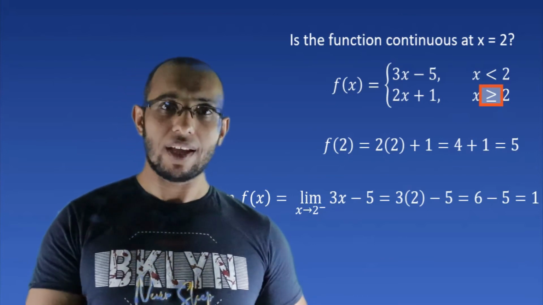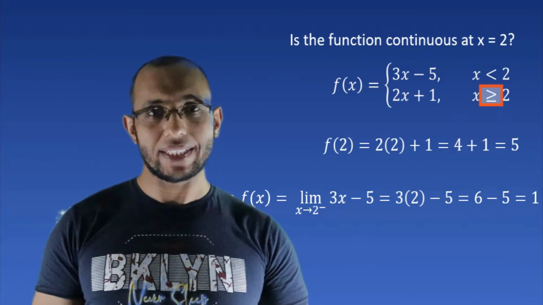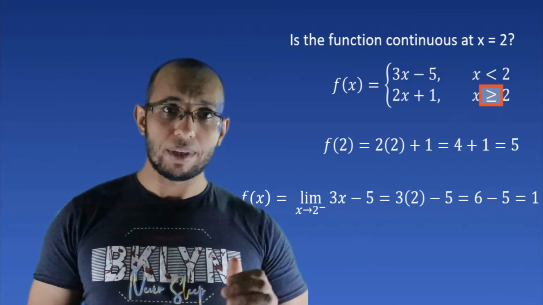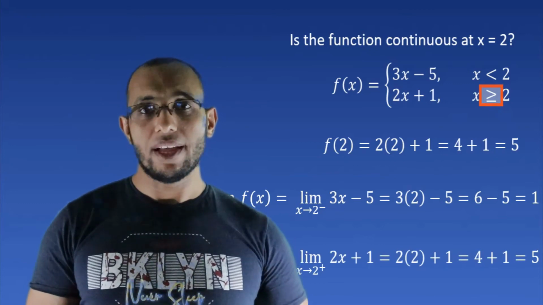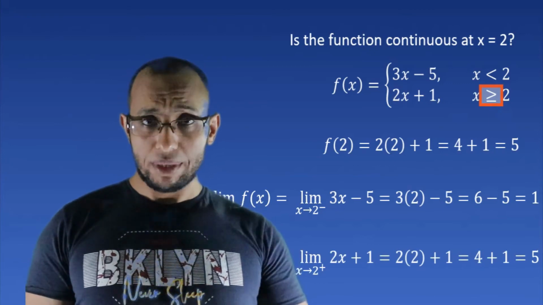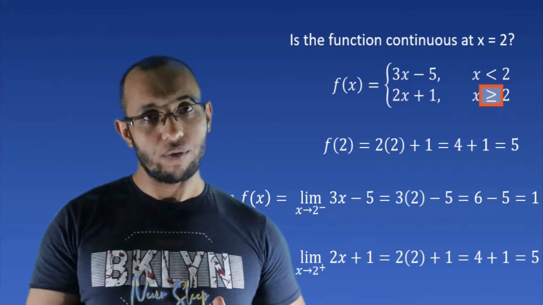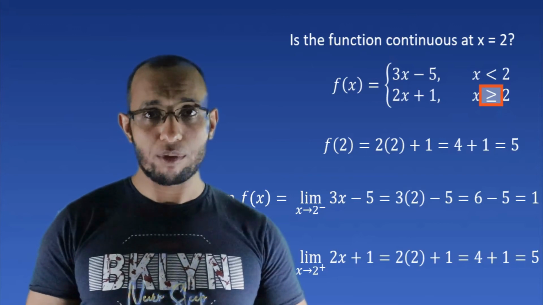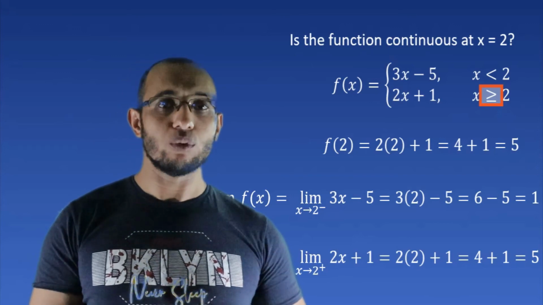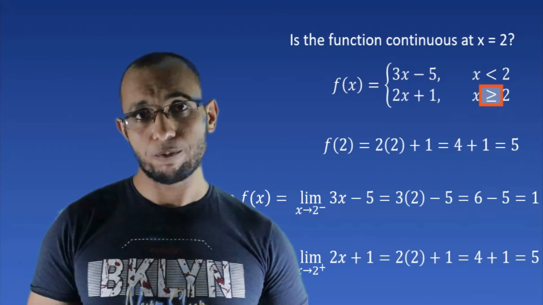This is the limit from the left. And the limit from the right is the limit as x approaches 2 from the right of f of x, which is equal to the limit as x approaches 2 from the right of 2x plus 1. It's equal to 2 times 2 plus 1, which is 4 plus 1, which is 5.